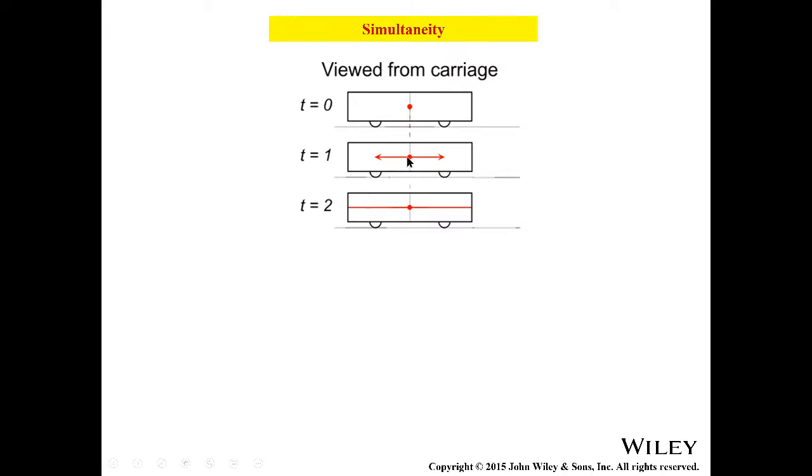Because he or she was exactly in the middle. And then he or she will say it hit the front and the back of the train simultaneously. You know the word simultaneous? Simultaneous means it was at exactly the same time.